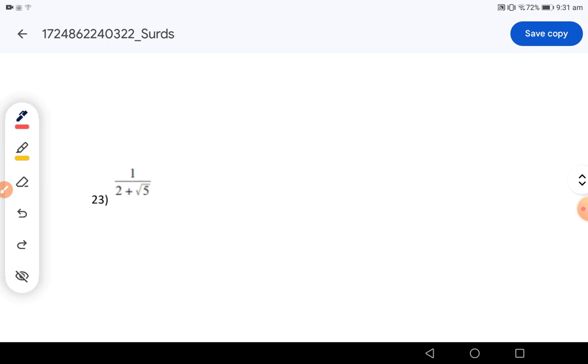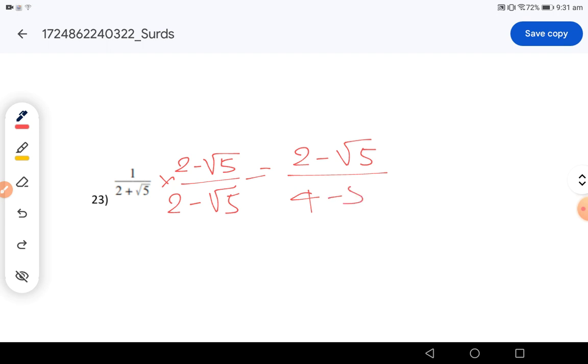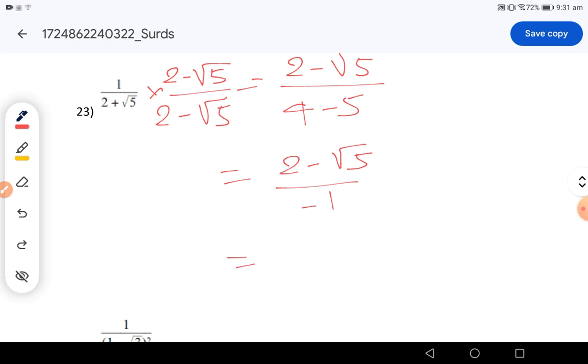Question 23: 1 by 2 plus root 5. So multiply 2 minus root 5 and divide by 2 minus root 5. 2 minus root 5 by 2 times 2, 4 minus 5. So 2 minus root 5 by minus 1. So minus 2 plus root 5.